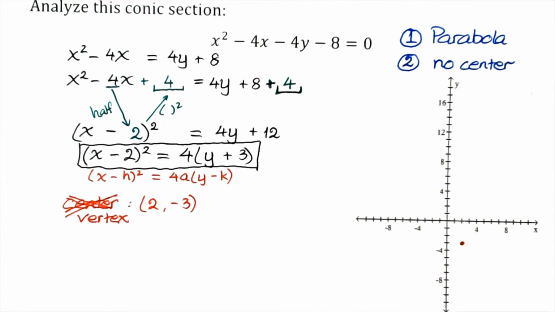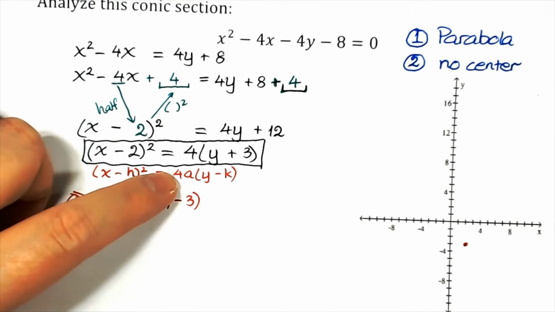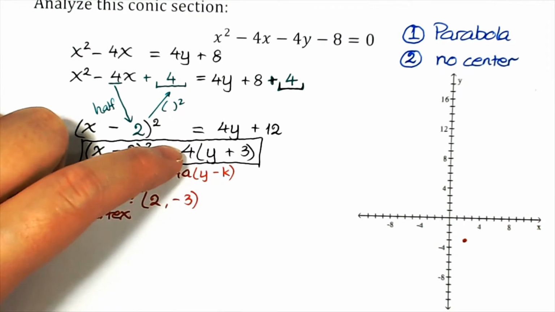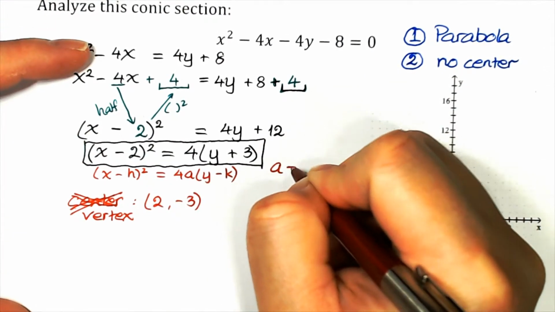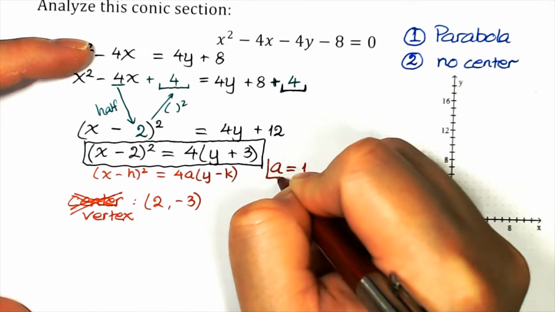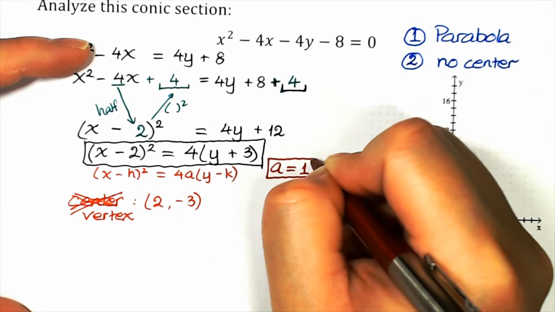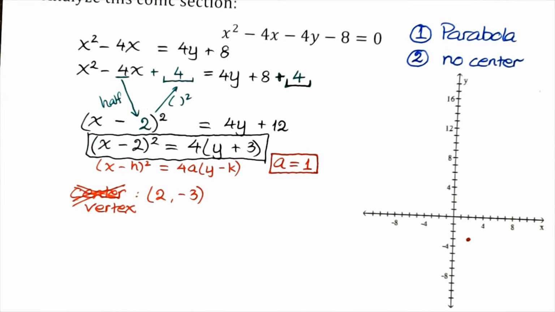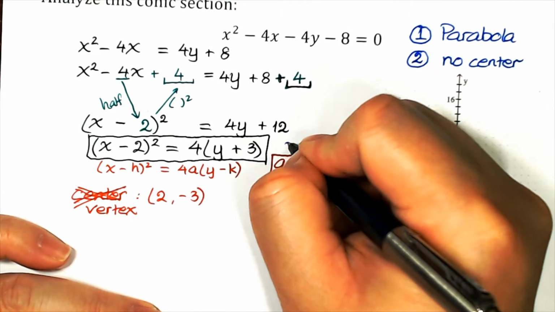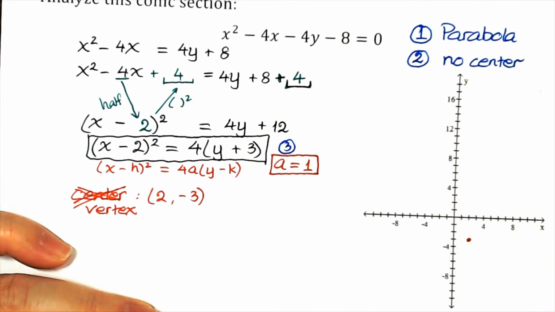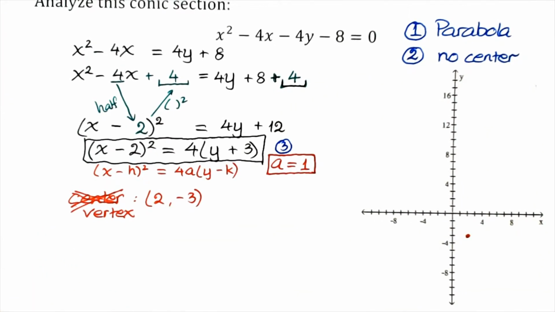Next we have x squared here and 4a times y minus k. A here obviously is going to be equal to 1, and there's no b because we are missing the y squared, so we only have a equal to 1. That is actually one of the questions. Next, we find the vertex. There's no center.